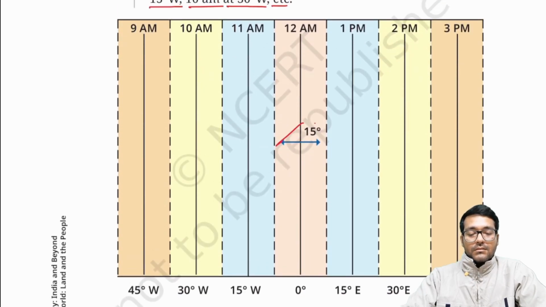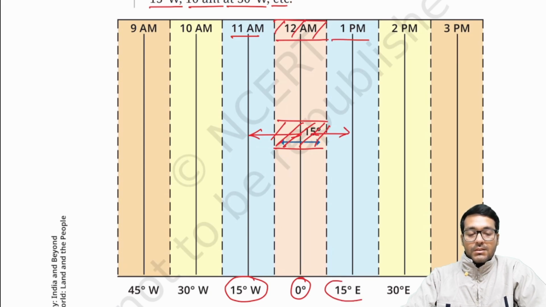You can see this width is of 15 degree, signifies 1 hour. If it is 12 am at 0 degree meridian or prime meridian, then it will be 11 am at 15 degree west, 1 pm at 15 degree east.